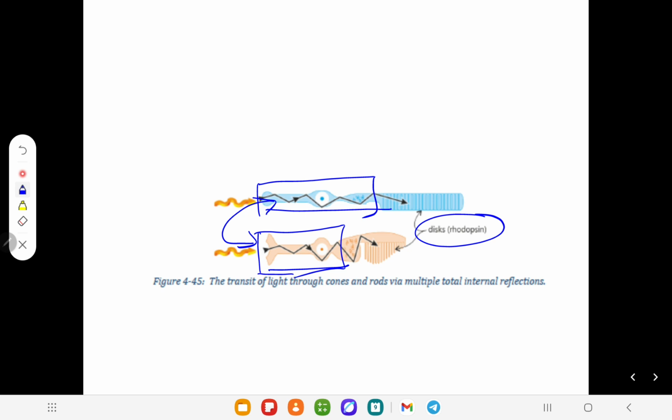This is the concept of the Stiles-Crawford effect. This was the optics of rod and cone. So the light transfers through the cone and rod by multiple total internal reflection. So if light goes this way, for example, then there will be no total internal reflection. So light passes away, and that's why it cannot be absorbed by the disc or rhodopsin.